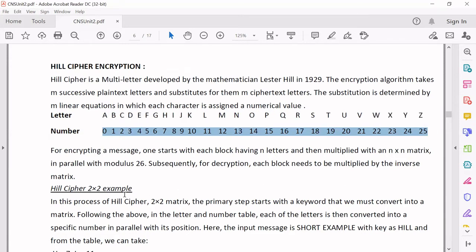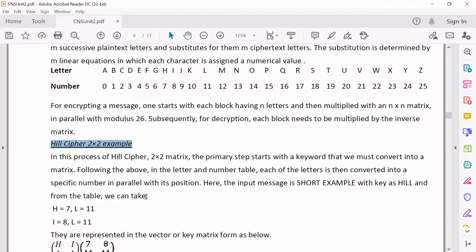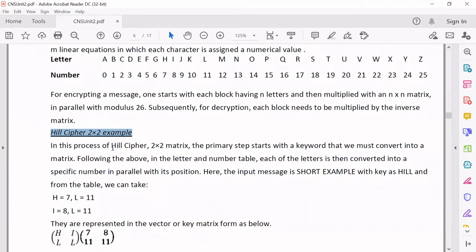Next, we'll see with the n cross n matrix. It can be done with 5 cross 5, 2 cross 2, 3 cross 3 also. But here we'll subsequently see the Hill cipher with a 2 cross 2 matrix. We'll take an example, taking the key as hill.